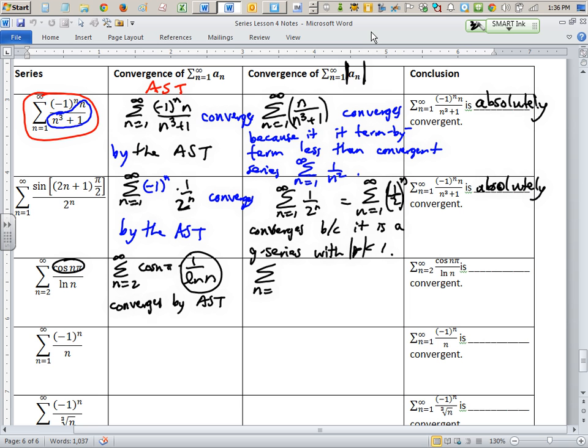Now look at the series with no alternator. This diverges because it is term by term greater than the harmonic.